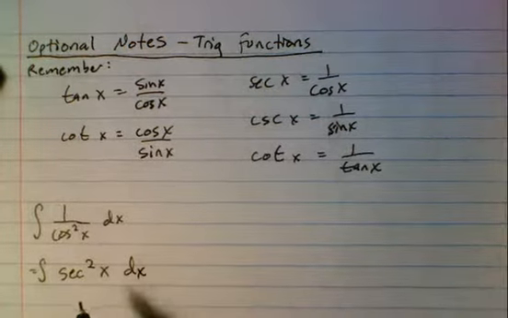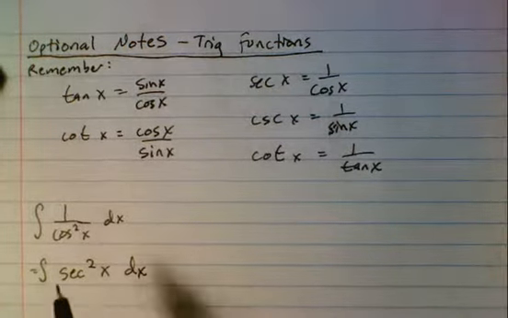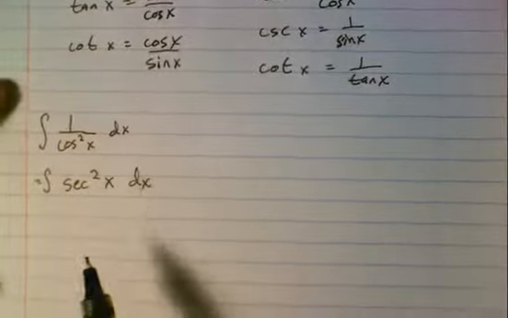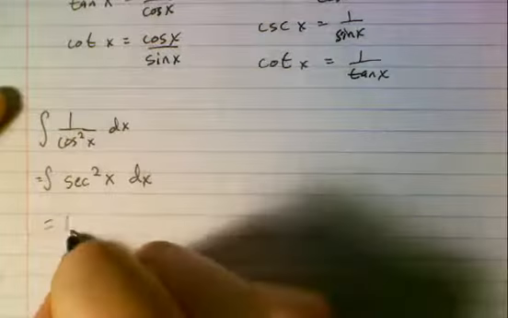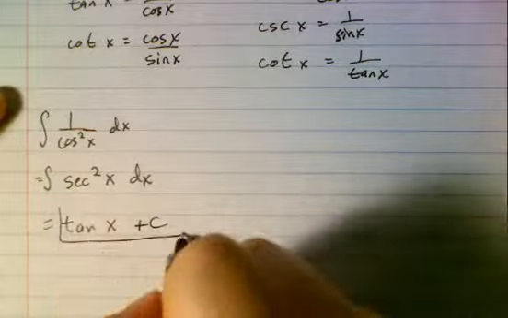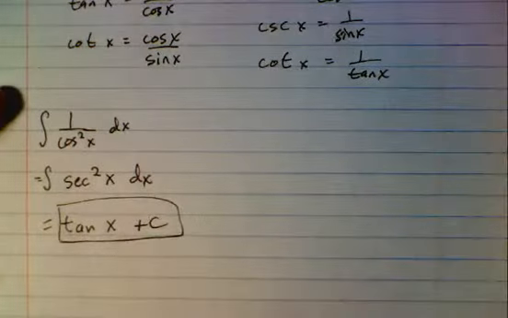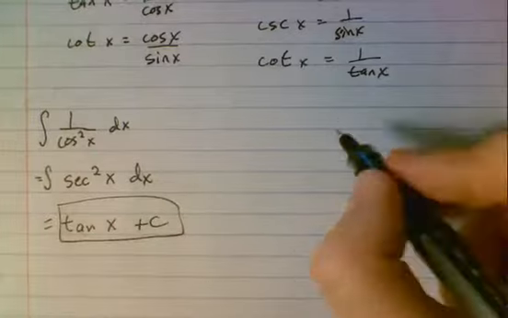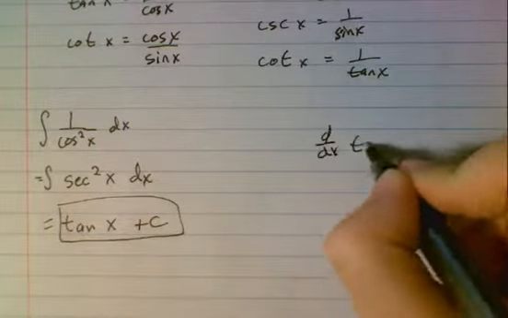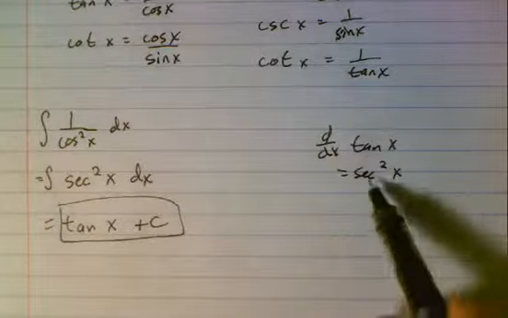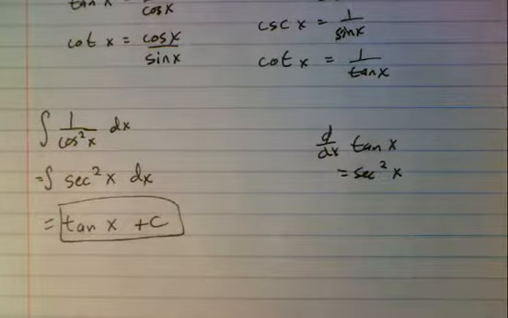This is where it's really important to have our rules memorized, because this is only helpful if we remember right off the top of our head that the antiderivative of secant squared x is tangent of x plus c. Just something we have to know. When we do our check step, secant squared goes back to 1 over cosine squared.